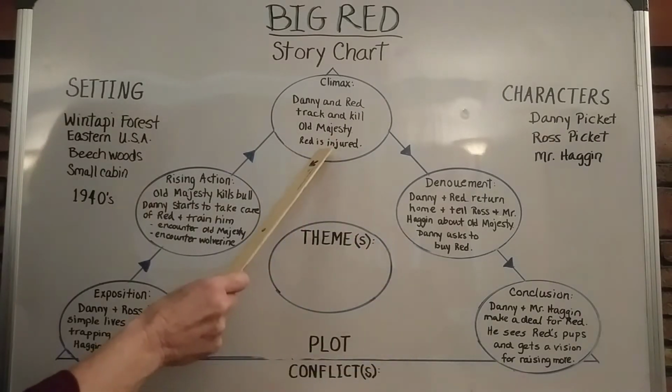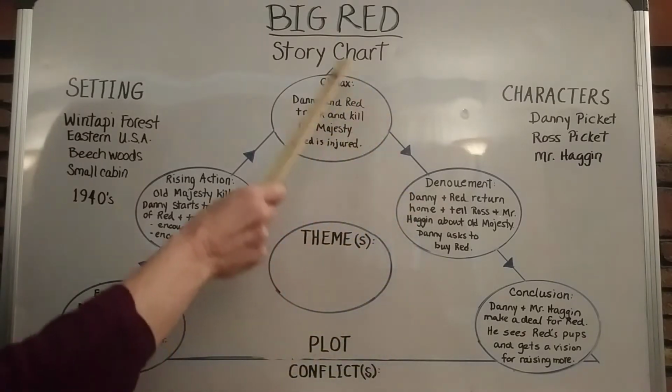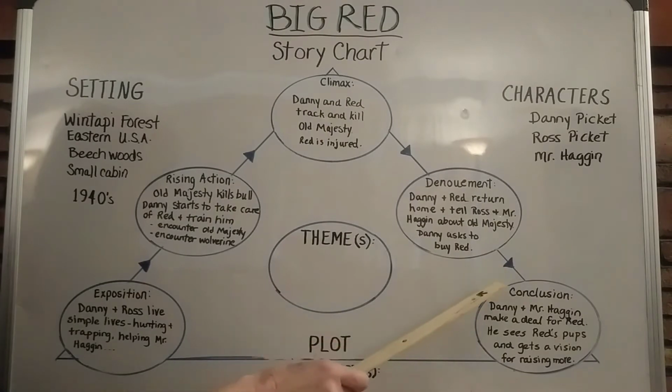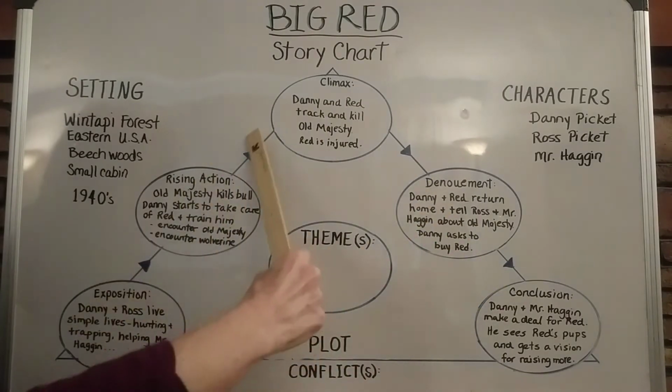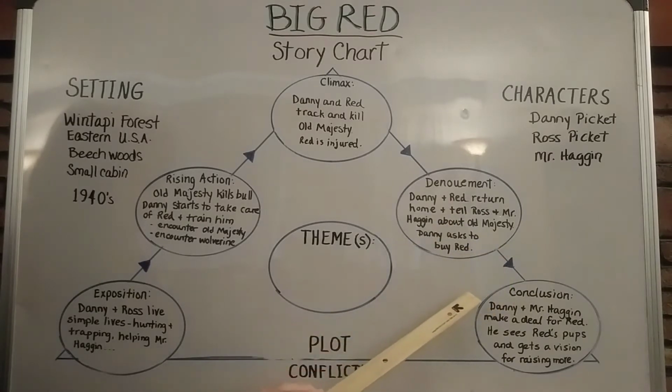That's a pretty exciting chapter. It's the very end of the book, and remember that Red gets injured in that encounter. As we go down to the denouement, or the falling action, this is the rising action, this is the falling action. Danny and Red go back home, and they tell Mr. Hagen and Ross about their adventure with Old Majesty and how they killed him.